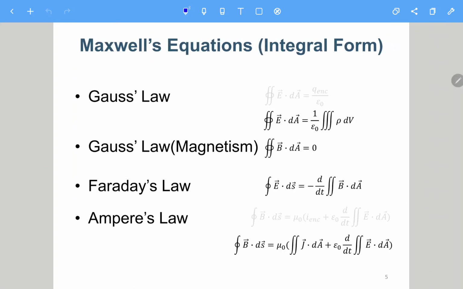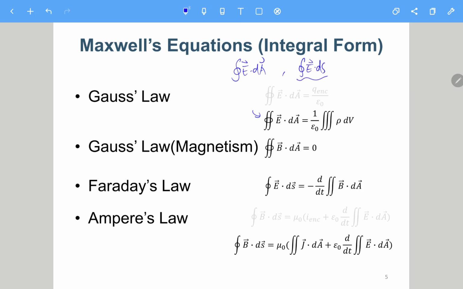Okay, so next we try to change the notation back to this form. Of course, in this textbook they always use a single integration sign, something like E dot dA, and then something like the integration of E dot ds.